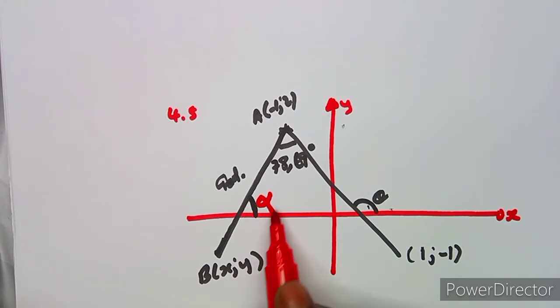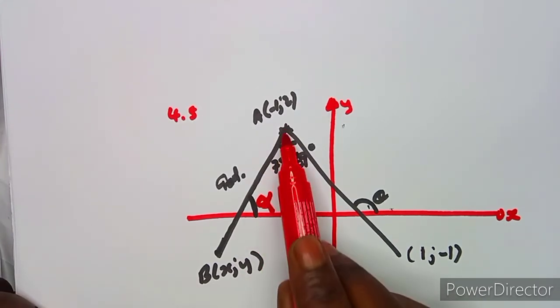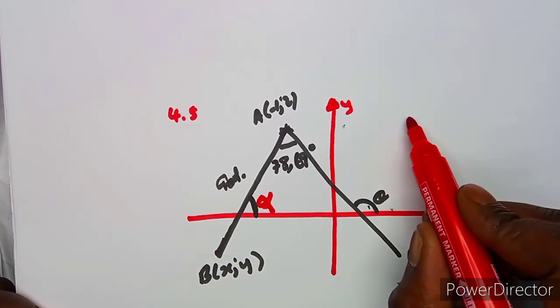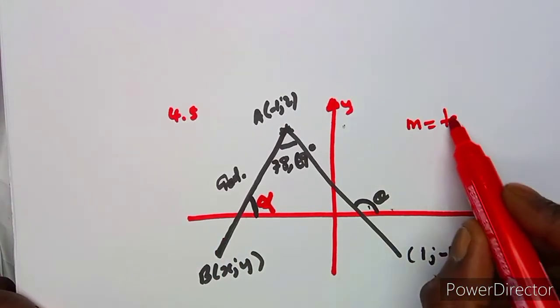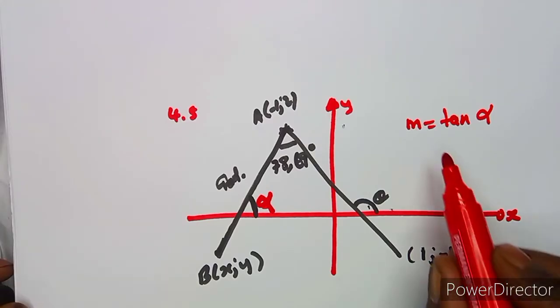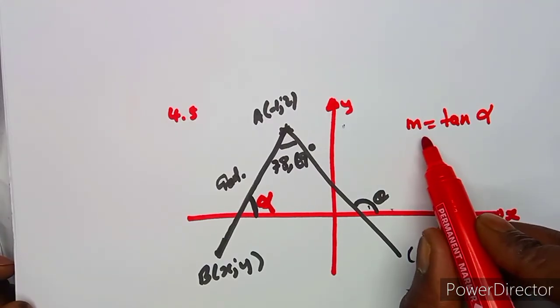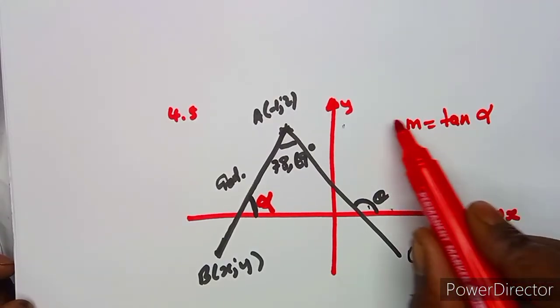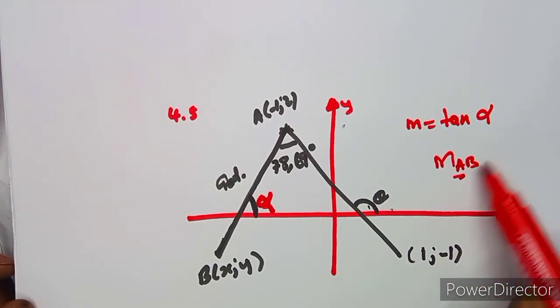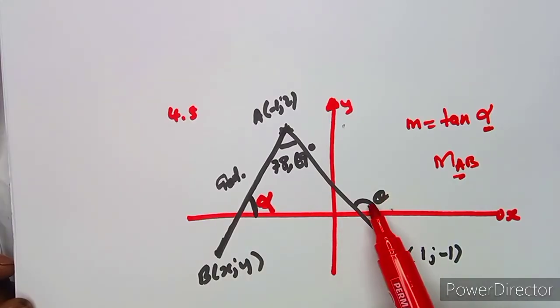if I am to obtain this angle, I can obtain the gradient of this line, because remember that m is equivalent to tan theta, which is tan alpha, which is the gradient. So I can find the gradient, which in this case is m for line AB. So I was actually supposed to write it like this, m_AB, because I'm using alpha for this. This one is for theta.